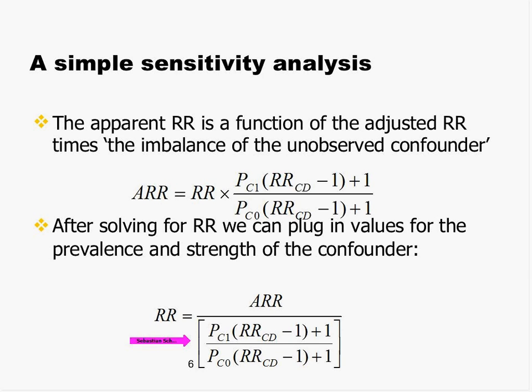Now you make assumptions about the imbalance, the prevalence of the confounder, and about the strength of the confounder. And you assume that whatever is in this box here, in this parentheses, is unobserved. And you just change parameters in order to see how sensitive the relative risk estimate, the true relative risk, is towards assumptions of these parameters. Simple sensitivity analysis. Next slide, please.